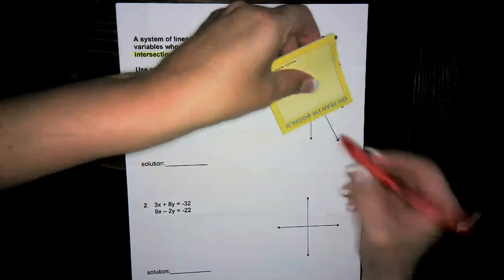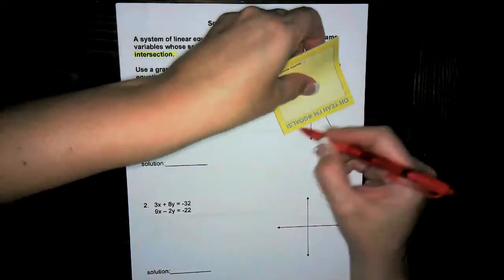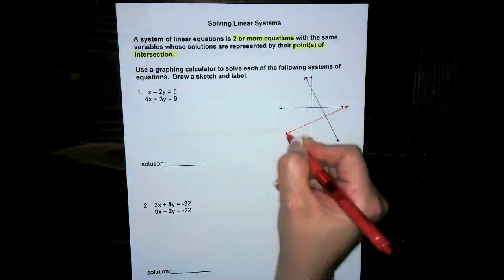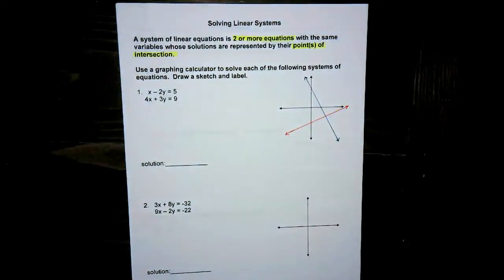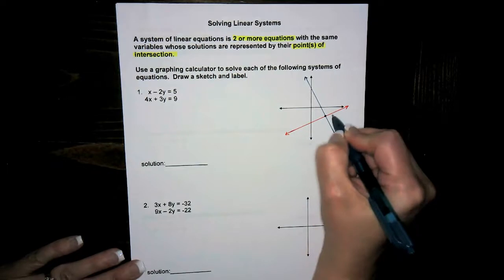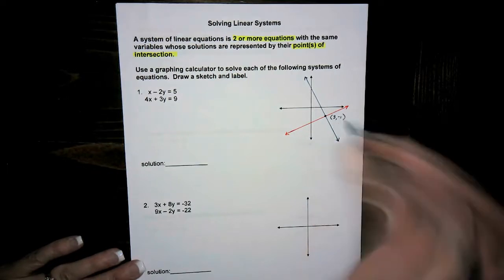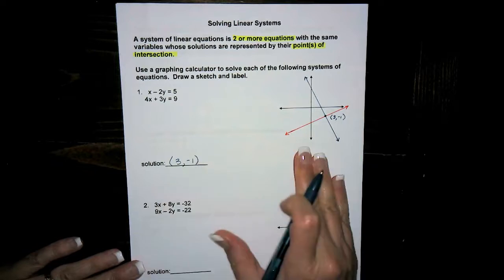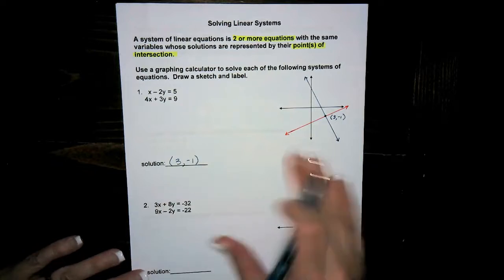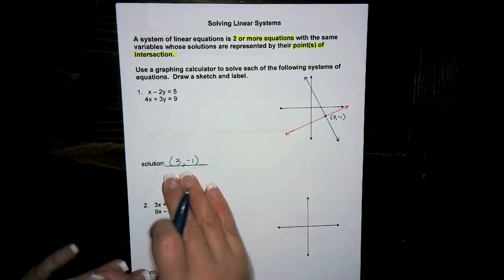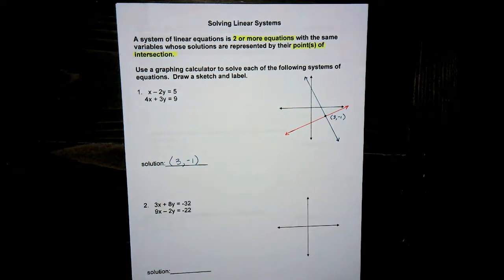Then let me do the red one, looked something like that. By the way, I'm using a little sticky notepad to get the lines to be straight. Then I'll remember that this point was (3, -1), and that is our solution. For my note sheet, all I'm doing is making a sketch of what it looked like on my graphing calculator before I give the solution.